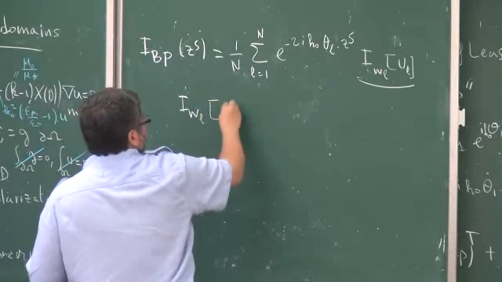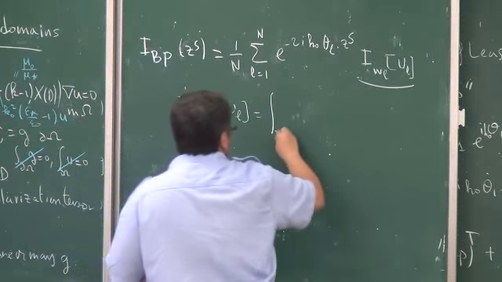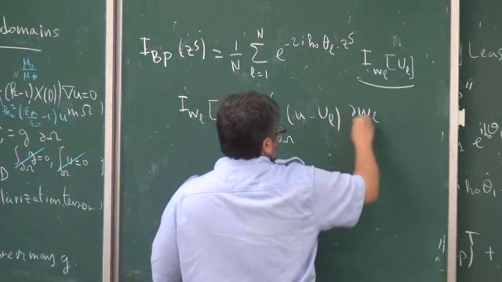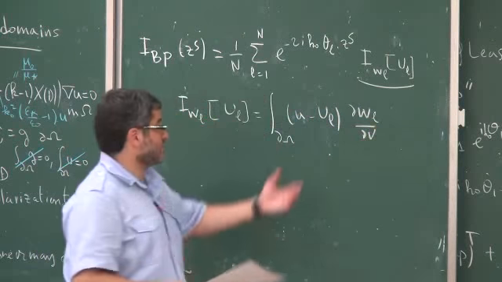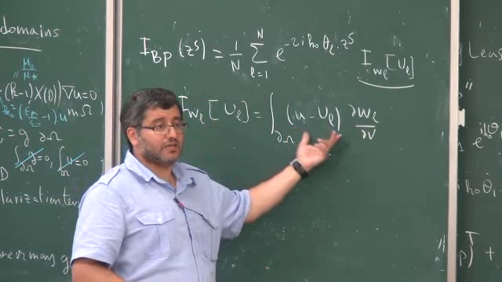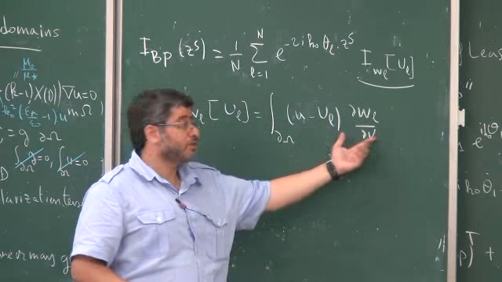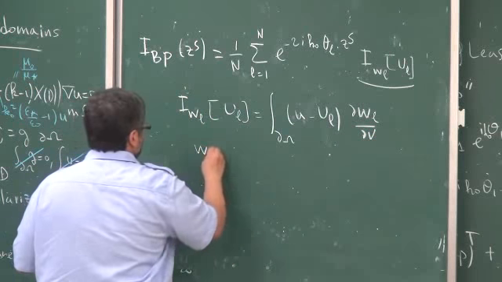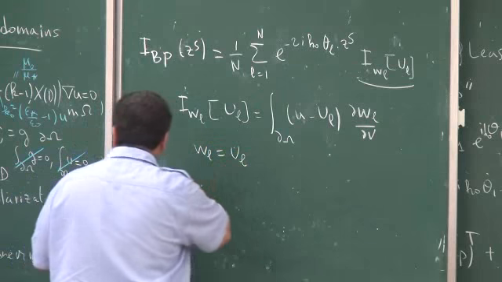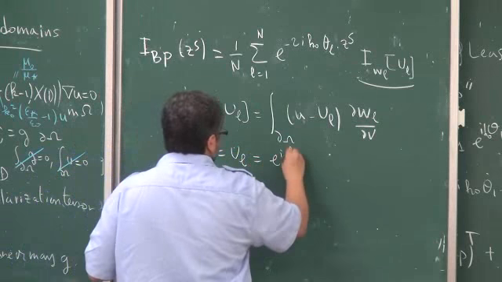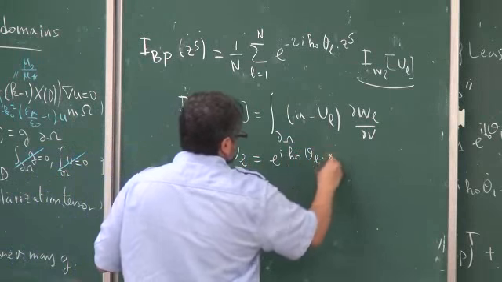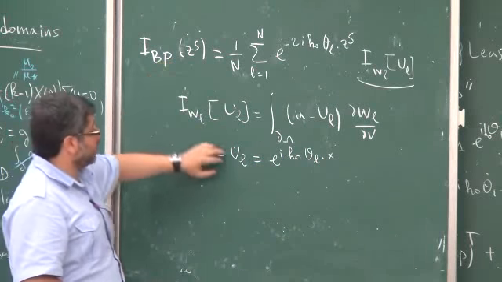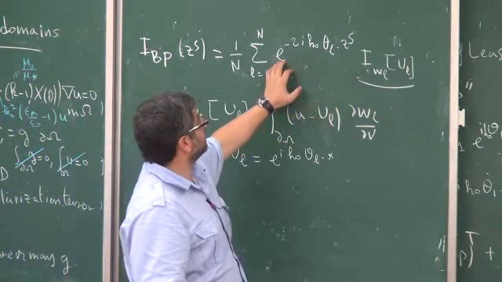E of U, WL, UL is the sum on the boundary omega of U minus UL, normal derivative of this guy, right? These are my measurements, and I make a weight of my measurements using WL. If I choose WL equal to exponential ik0 theta L dot x, then I form back propagation by multiplying this quantity by exponential.